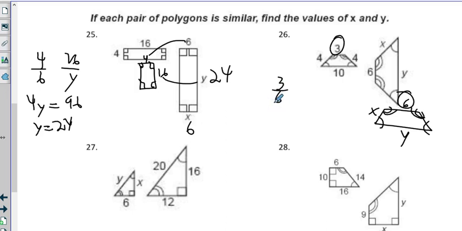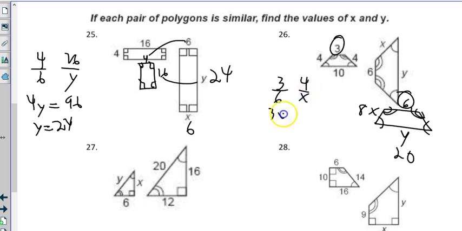So I hopefully can already tell what the answer is. The big one is double. Okay? So if this is 4, this is going to be 8, and this is going to be 20. If I did not see it, if there were harder decimals, it would be this simple. I would say 3 goes with 6, the same way 4 goes with x.